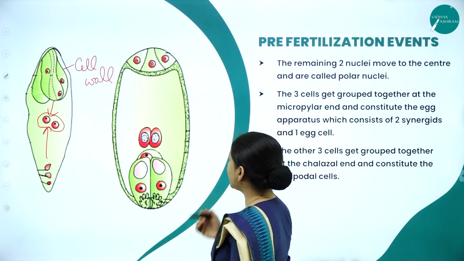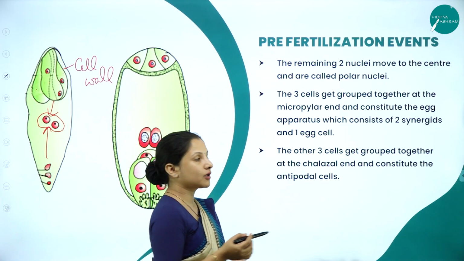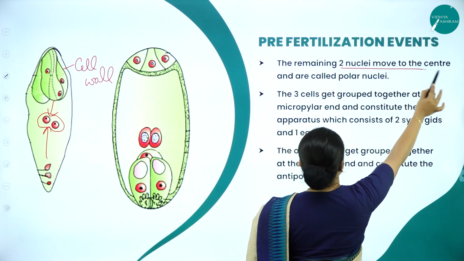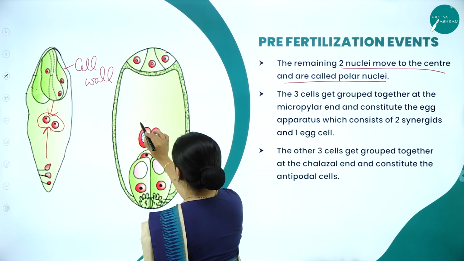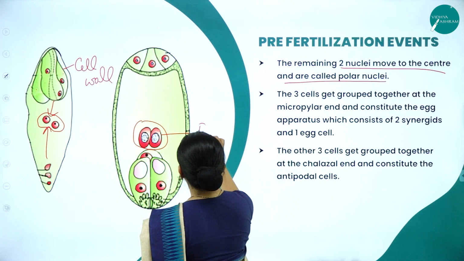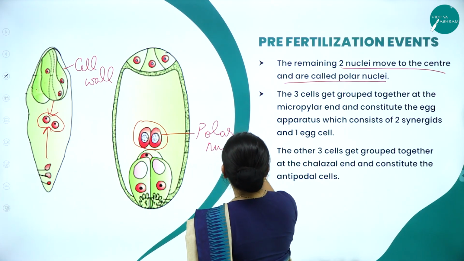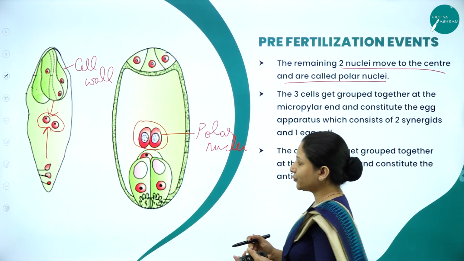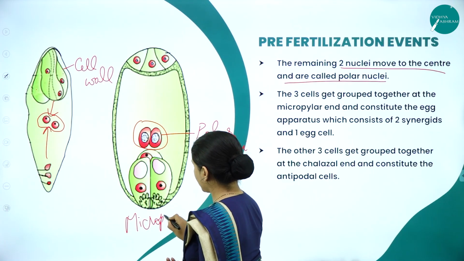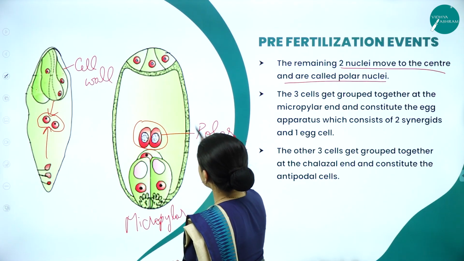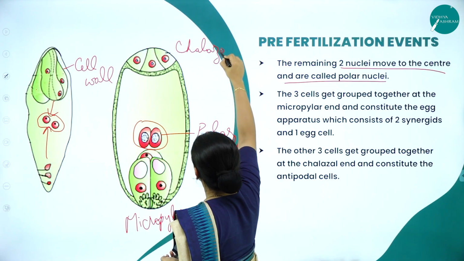Okay. So that is how the embryo sac will develop. The remaining two nuclei, as I told you, will move to the center and are called the polar nuclei. And the three cells get grouped together at the micropylar end. Now this is the micropylar end and this is the chalazal end.